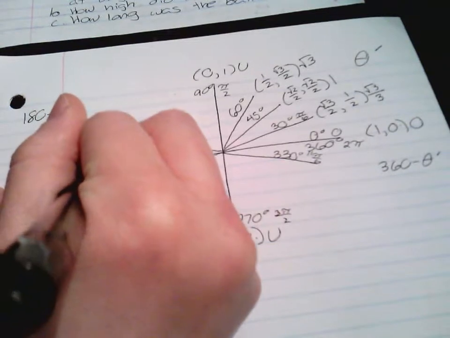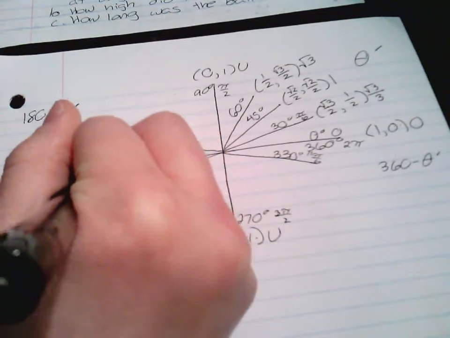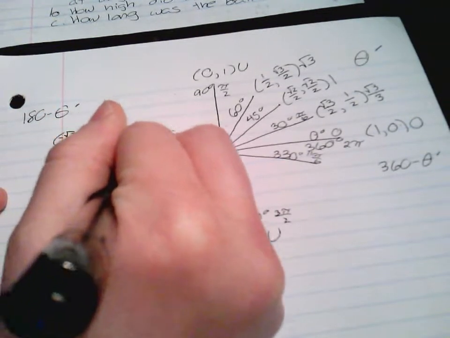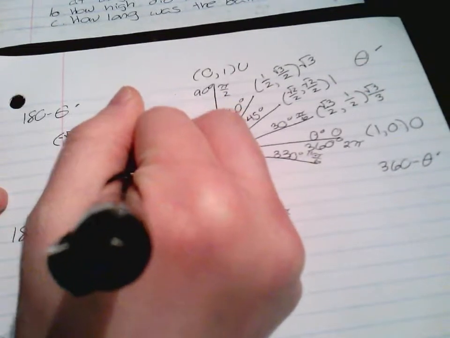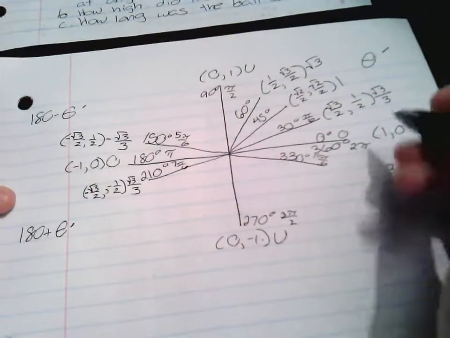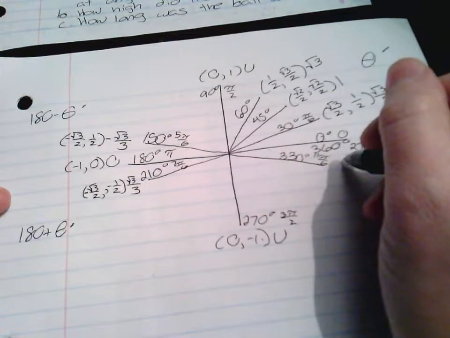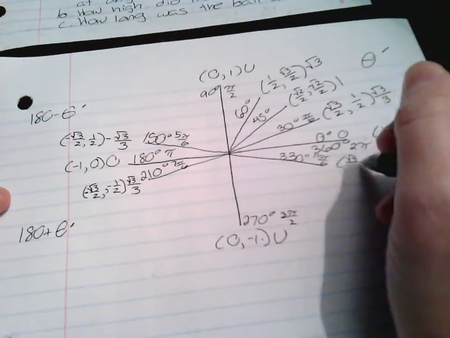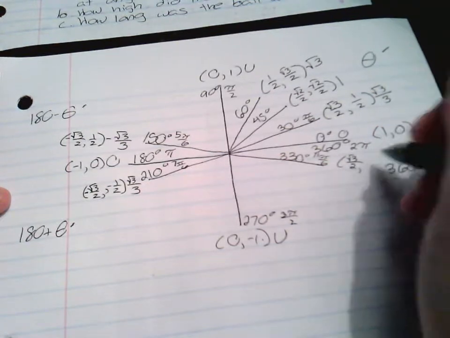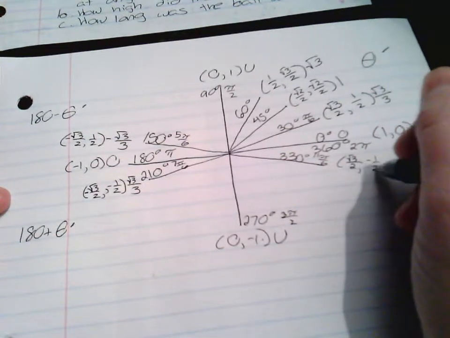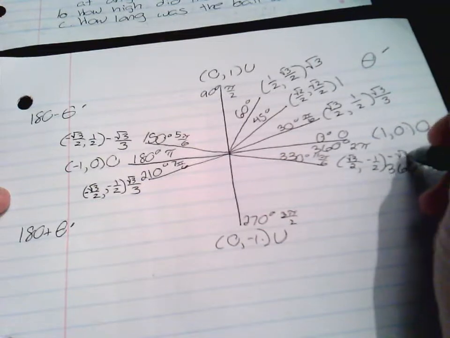So that's going to be negative square root of 3 over 2, negative 1/2, and square root of 3 over 3. Over here, cosine is positive, sine is negative, and tangent is negative.